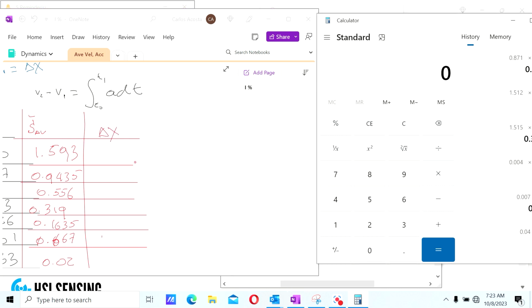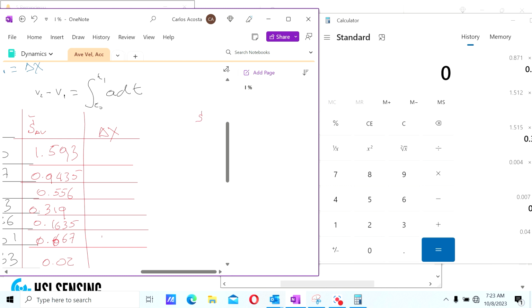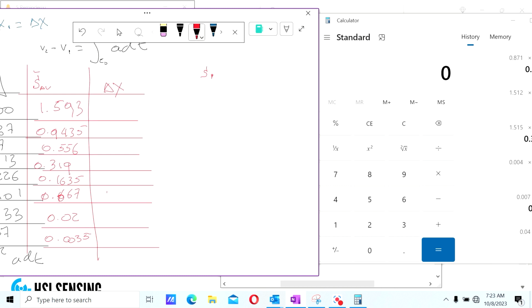The next step is to multiply this value times the delta t. So S average times delta t, which this guy is 0.25.